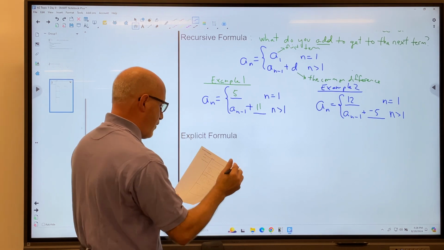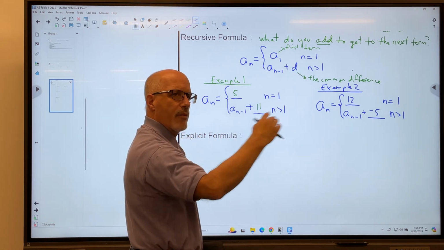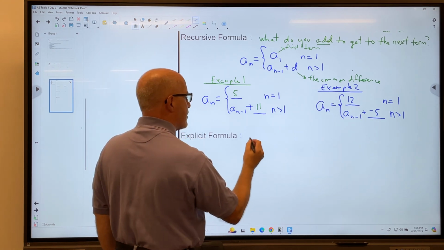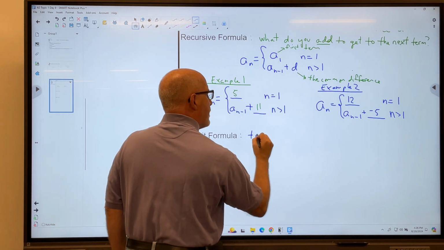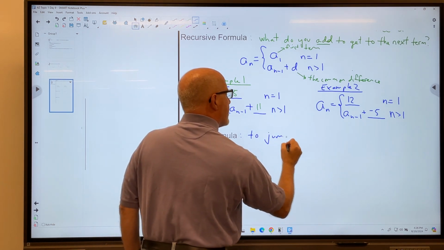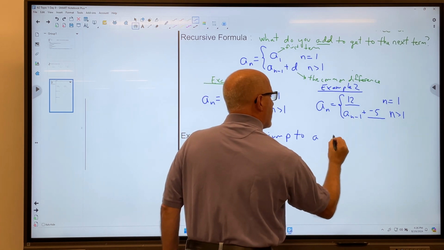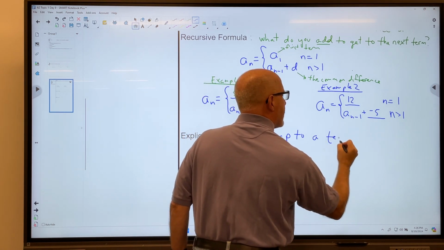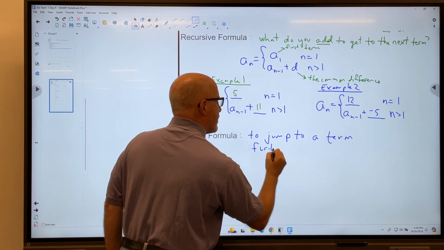The explicit formula is when you want to jump to a term, go down the line a little bit. So you use this to jump to a term further down in the sequence.